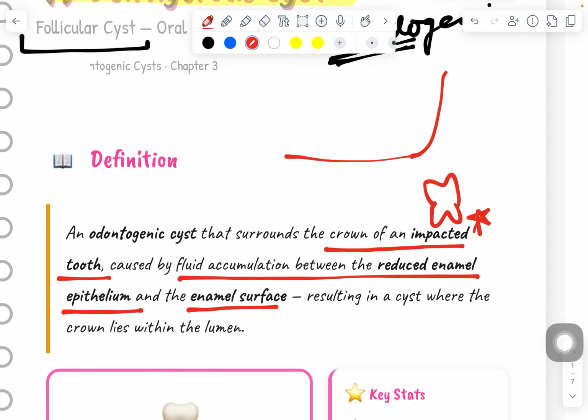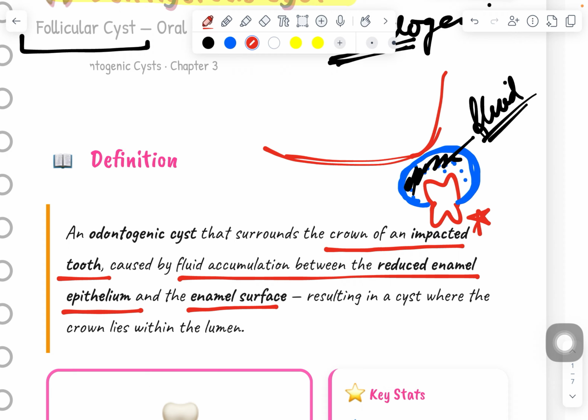Drawing not so good, but still, and this is the enamel, this is the lining of the reduced enamel epithelium, and here is the accumulation of fluid inside it. This is the fluid accumulated. So this forms a cyst that is associated with an impacted tooth.